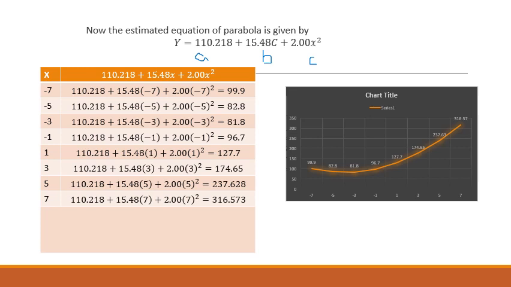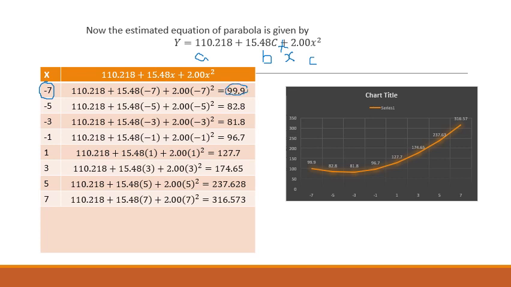In this equation, sorry, this is a misprint, this is not C, this is X. For the first value of Y there is a code X equal to 7, so we put X equal to 7 here, 7 here, and X squared, minus 7 squared, this is minus 7, and we are going to obtain this value.